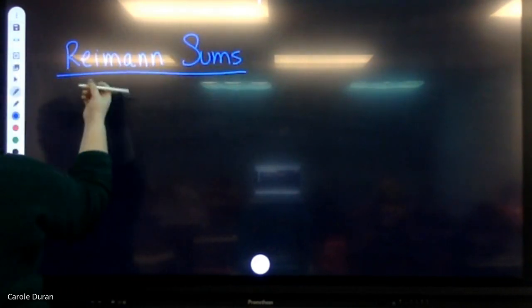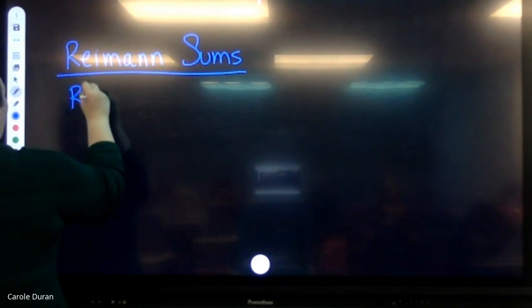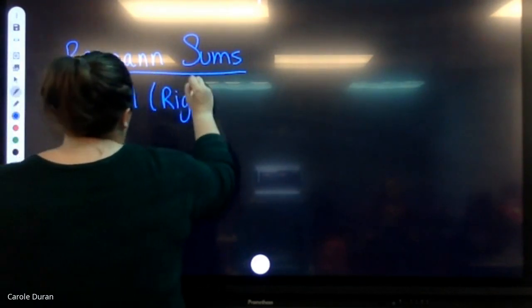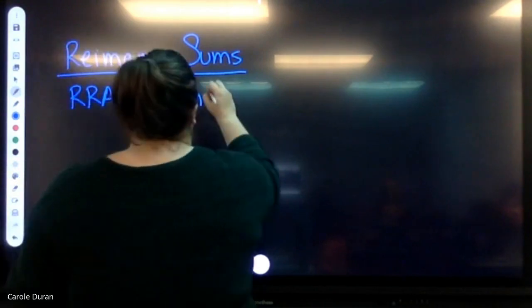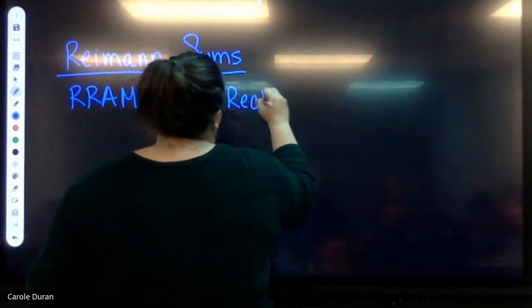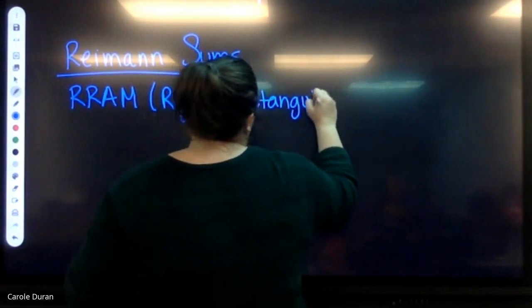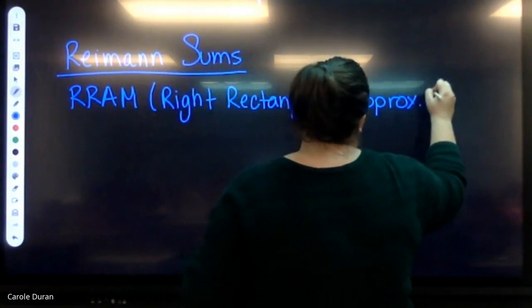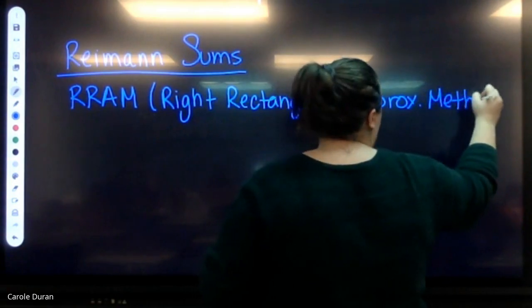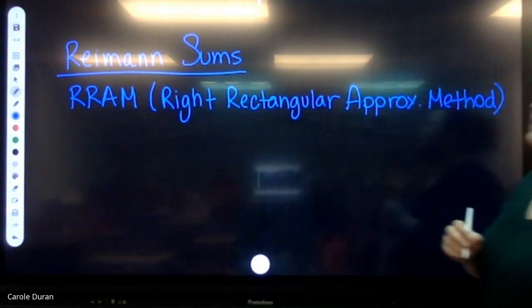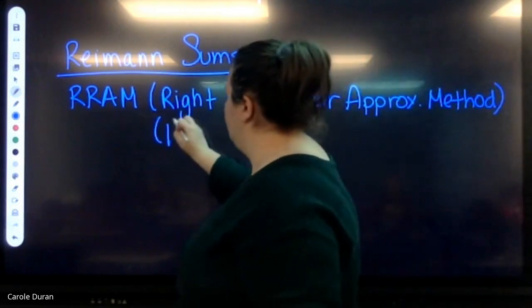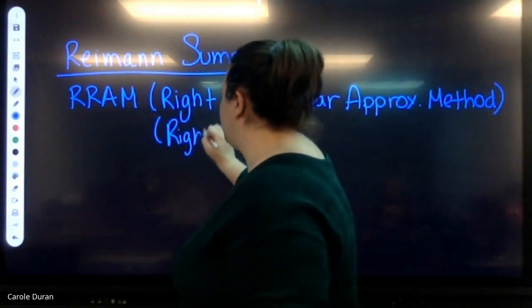The first one is RRAM, which is the right rectangular approximation method. I also like to call this right Riemann sums. Everybody calls it something different though.